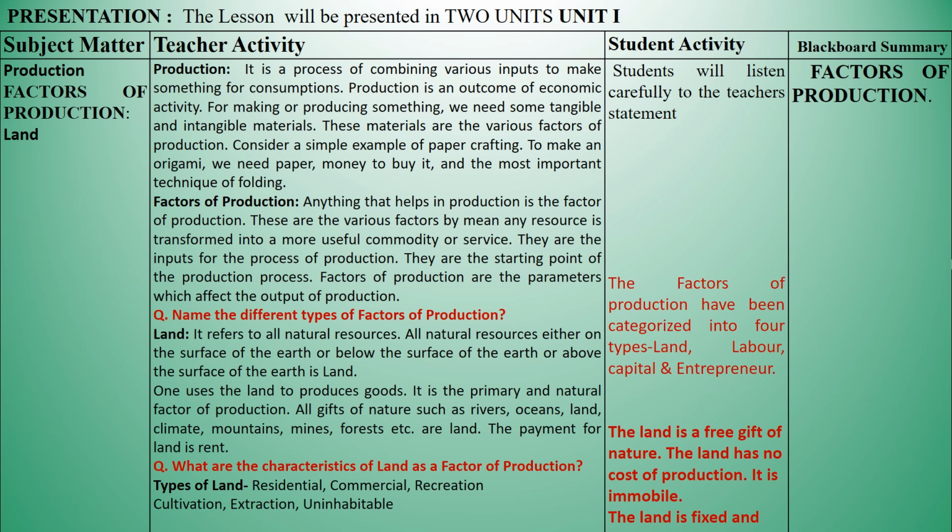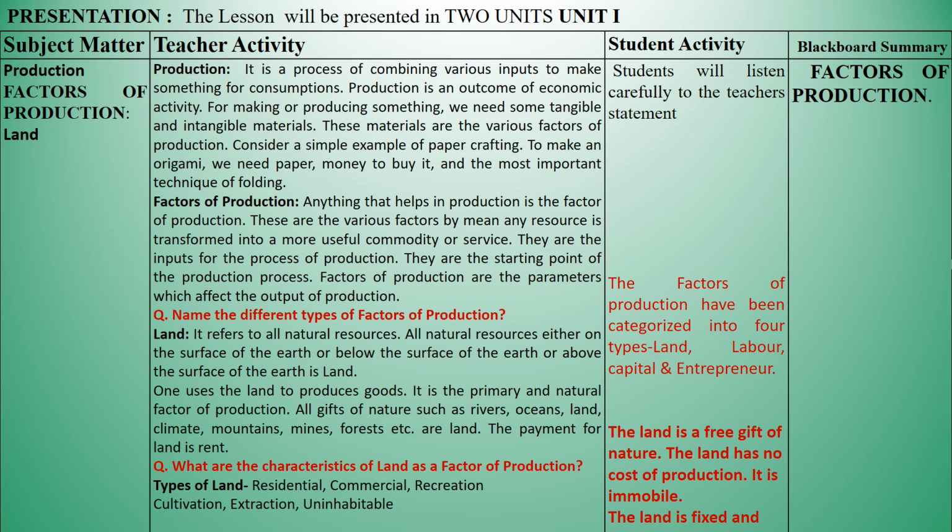After the teacher's statement, another developing question will be asked by the teacher. What are the characteristics of land as a factor of production? The student will answer that land is a free gift of nature. The land has no cost of production. It is immobile.